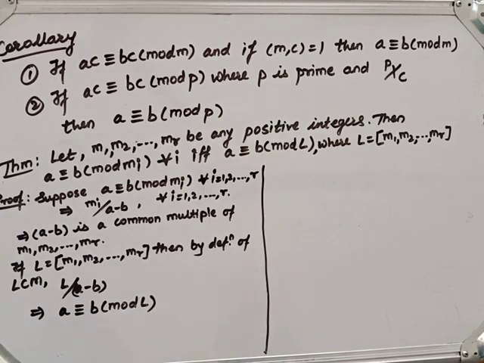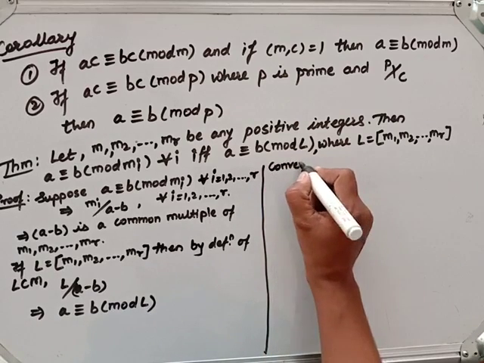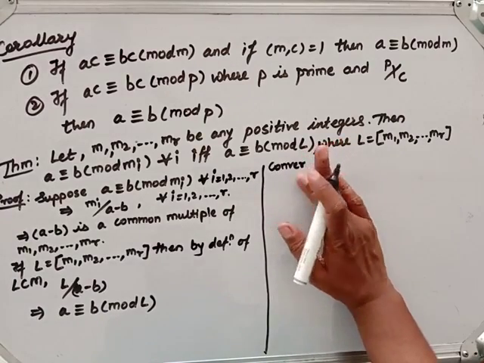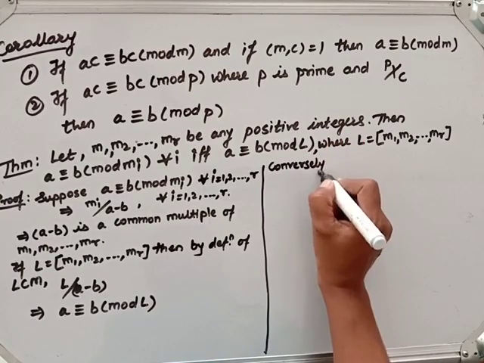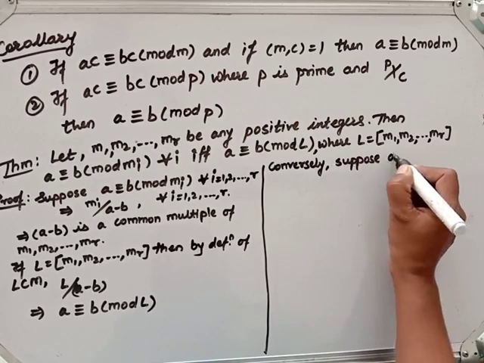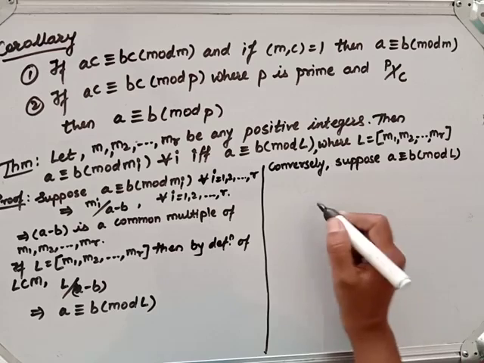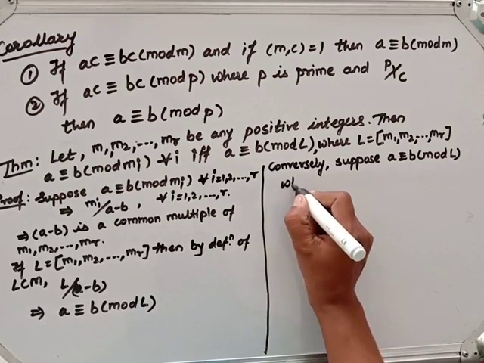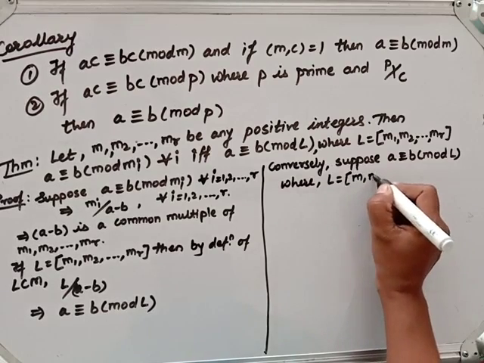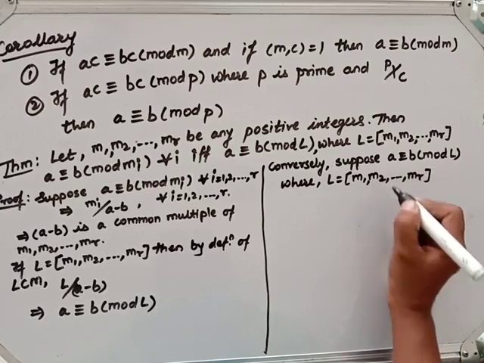So conversely, suppose A is congruent to B modulo L, where L is the LCM of M1, M2 and so on up to Mr. L will be the LCM.